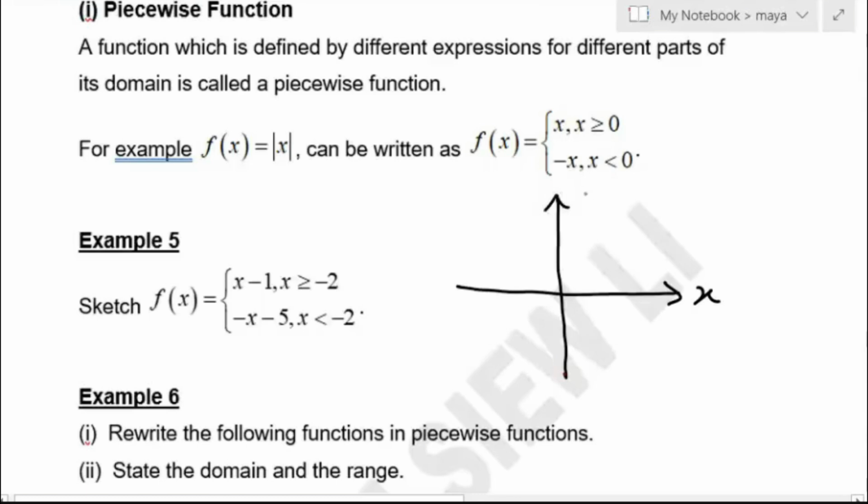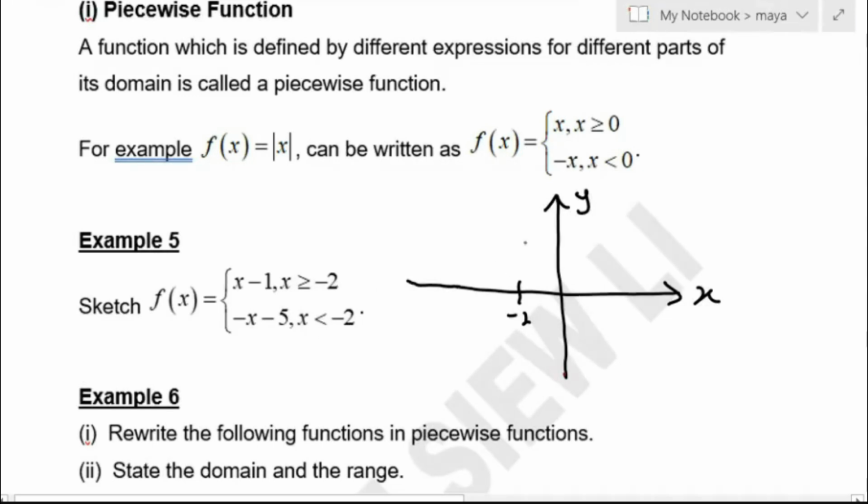First, draw our xy axes. For x more than negative 2, on the right hand side, we draw the linear x minus 1. Then for x less than negative 2, on the left hand side, we draw negative x minus 5.